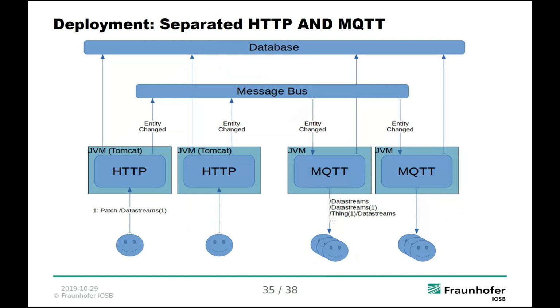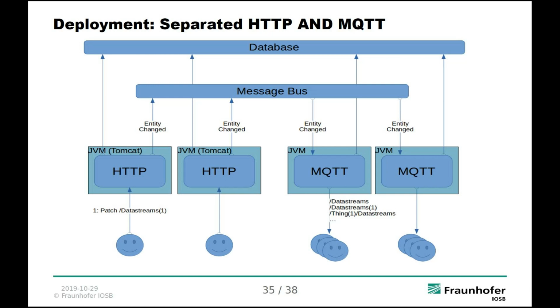And then you can have a separated HTTP and MQTT. So each component runs in its own Java virtual machine, and you can have multiple instances of them. So that's better for horizontal scaling. You can add additional MQTT clients or services for better MQTT performance.